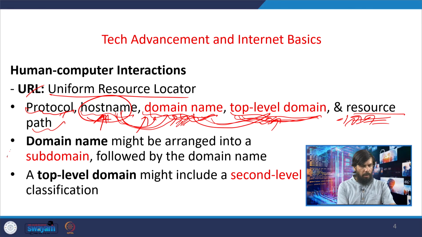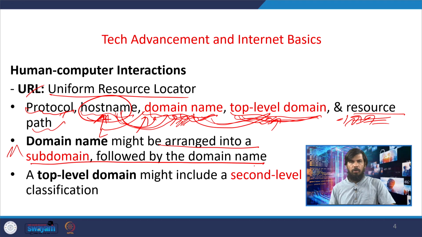Now, if we come to the domain name, it might also be arranged into a subdomain followed by domain. There are lots of organizations which have many departments or many functions, and those departments might also be quite big. Therefore, to better manage those departments and the local network, the organization might use subdomains.